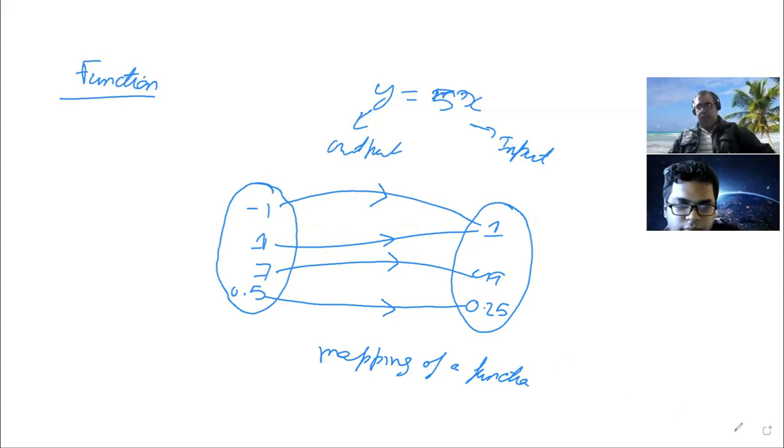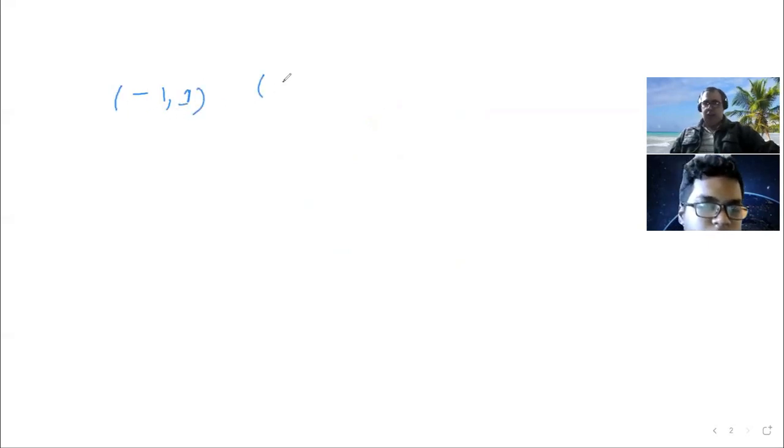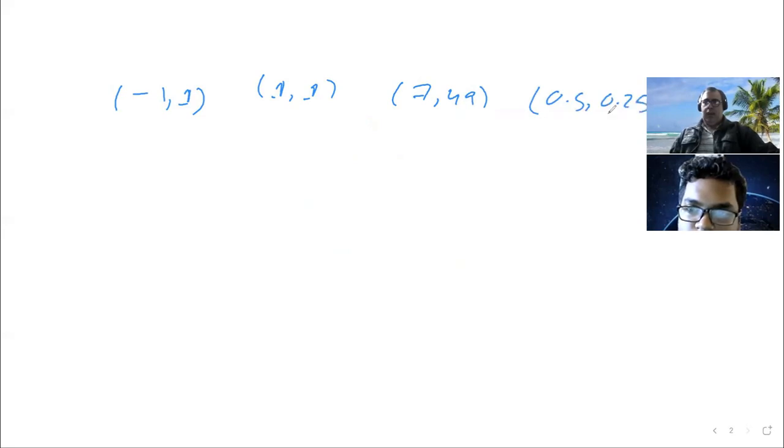So we can also write this in the form of a set: (-1, 1), (1, 1), (7, 49), and (0.5, 0.25). So the x values, that is -1, 1, 7, 0.5, are the inputs, and the y values, this 1, 1, 49, 0.25, are the outputs, right?